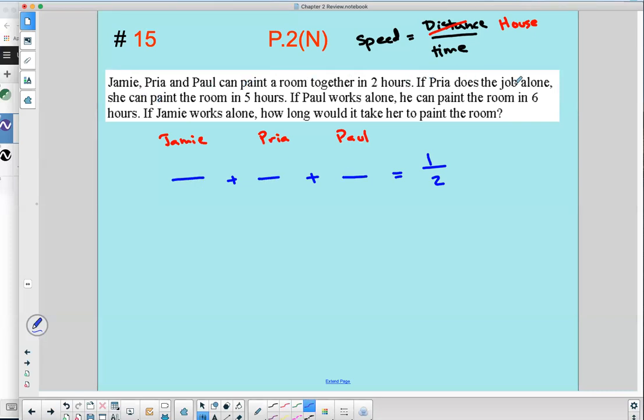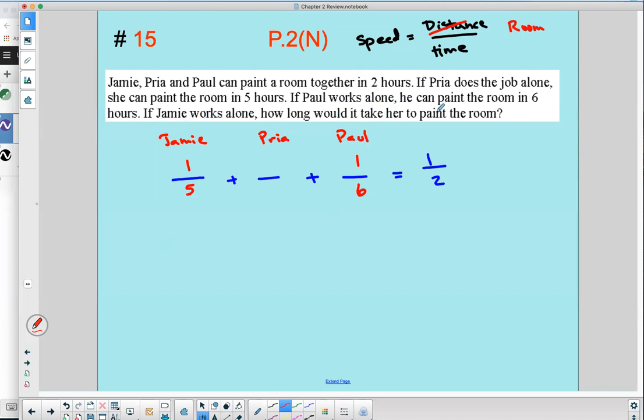It says, if Priya does the job alone, she can paint the room in 5 hours. Or I said house, I'm sorry. This isn't house, this is rooms. She can paint one room in 5 hours. If Paul works alone, he can paint one room in 6 hours.